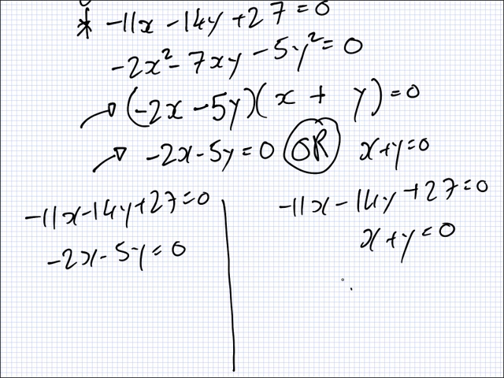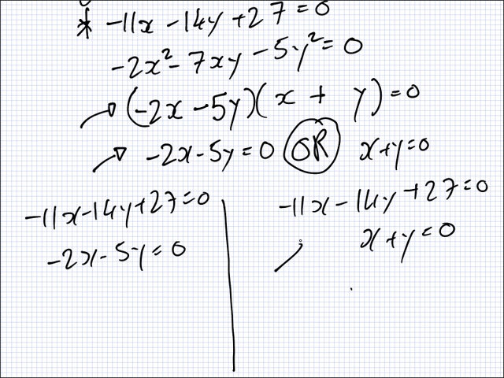So what I've done is, instead of having one linear and one quadratic, I've split it into linear, linear, or linear, linear. It's a trick. Otherwise, I would be substituting the linear into the quadratic, which is very messy when we did that in class, but possible.